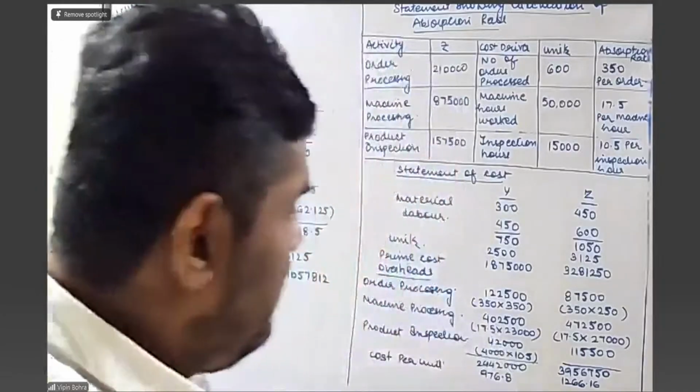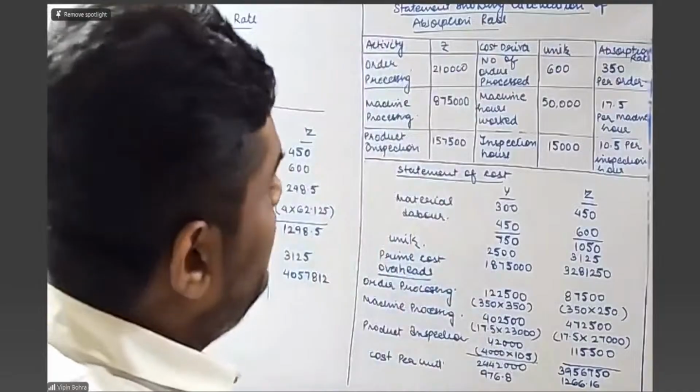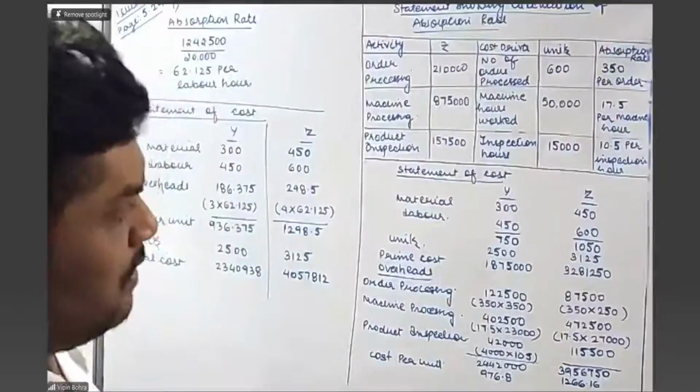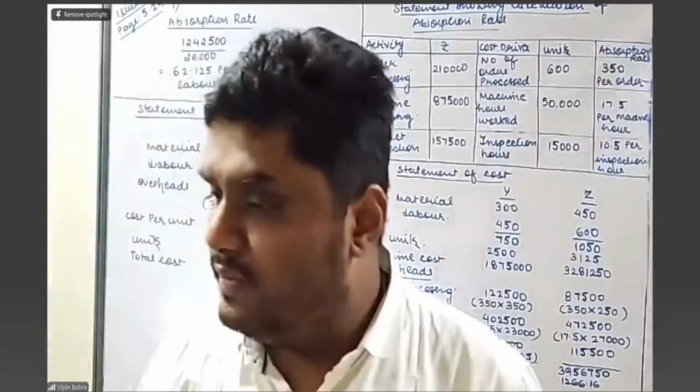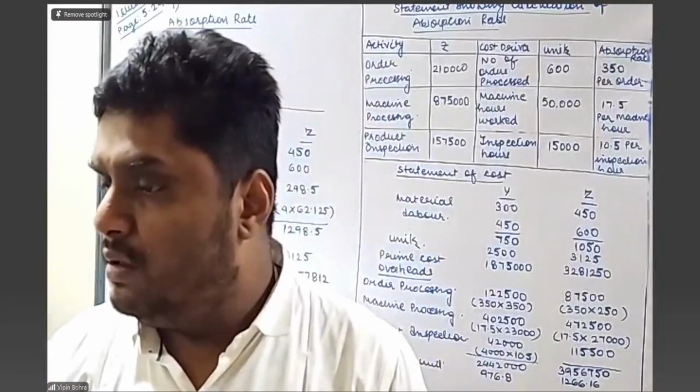Where is 5,67,000? Which 5,67,000 are you talking about, Neeraj?